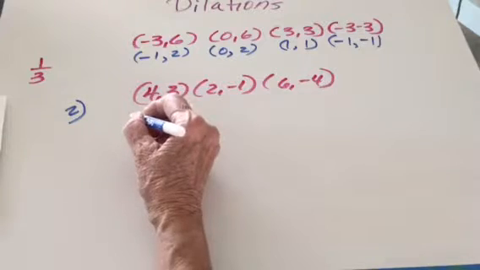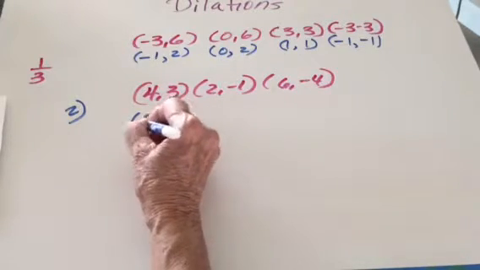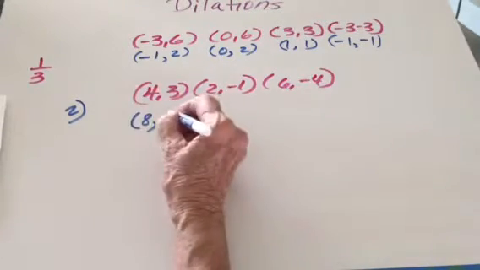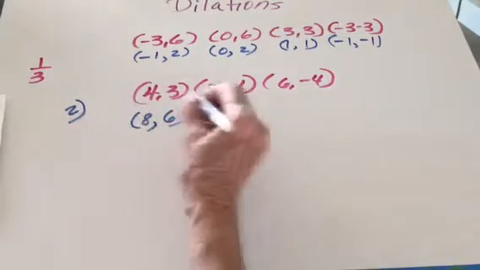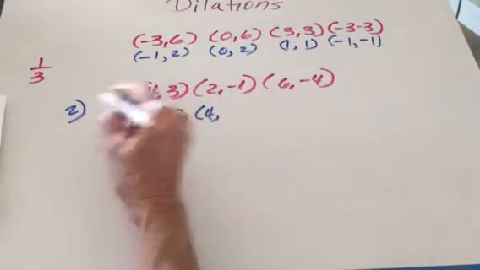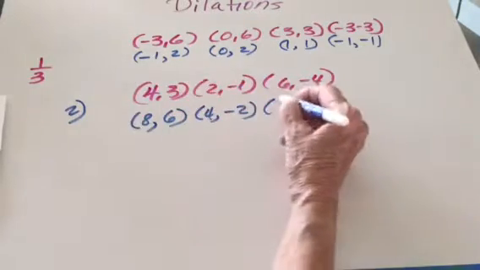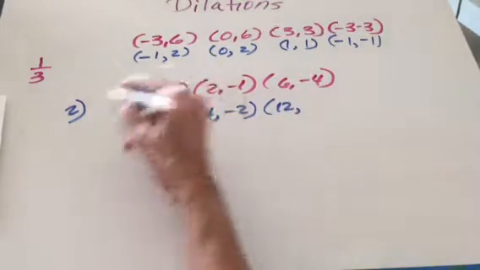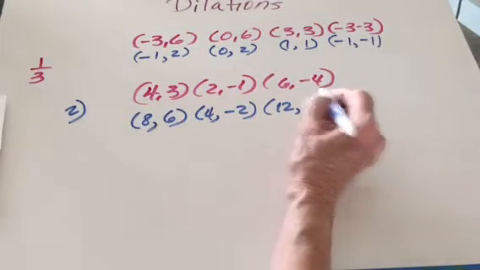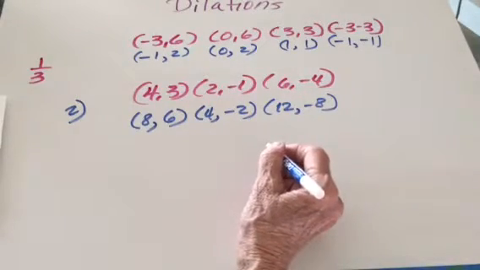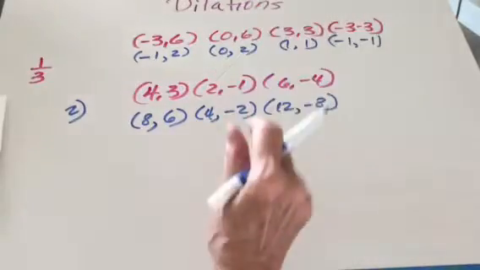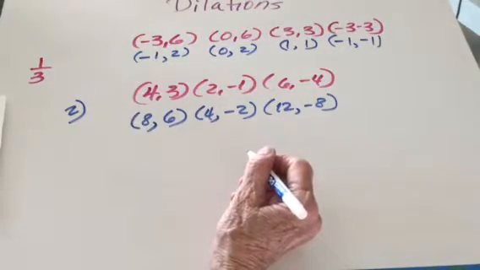You're going to remember factor means multiply. 4 times 2 is 8. 3 times 2 is 6. 2 times 2 is 4. -1 times 2 is -2. 6 times 2 is 12. -4 times 2 is -8. There are my new numbers. And I've enlarged it by a factor of 2.